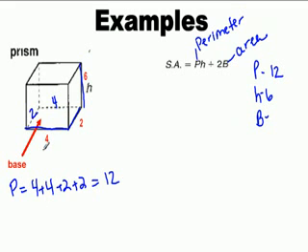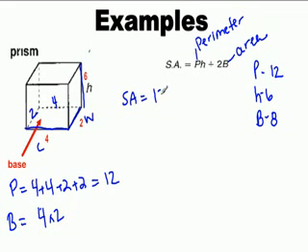Now our B is the area, so our area is length times width. So our capital B is length times width, which is 4 times 2, which is 8. So now we just plug it in. Surface area equals P is 12 times H is 6 plus 2B, which is 8.